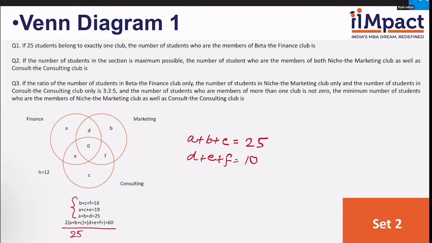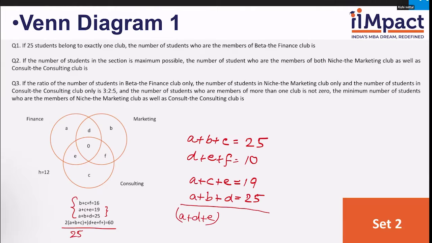So if I look at these two equations where I know A plus C plus E is 19 and A plus B plus D is 25, if I add these two equations, I will get A plus D plus E, which is my Finance Club members, plus A plus B plus C is equal to 25 plus 19. I already know that A plus B plus C is 25. That is given to me in the question. So A plus D plus E becomes 19. Pretty straightforward. This is question number 1.